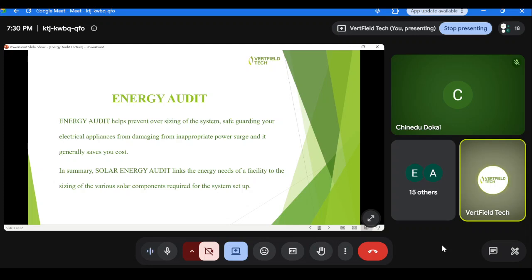It also safeguards your electrical appliances from damage. This energy audit can help you design your safety tools and gadgets. That is what we mean by safeguarding your electrical appliances from damage. In this class, we are also going to be introducing you to the various safety tools and gadgets that you need.